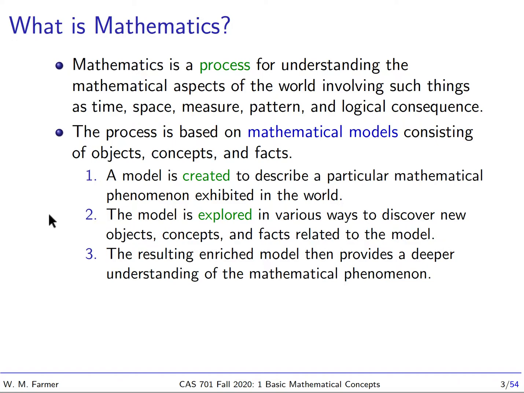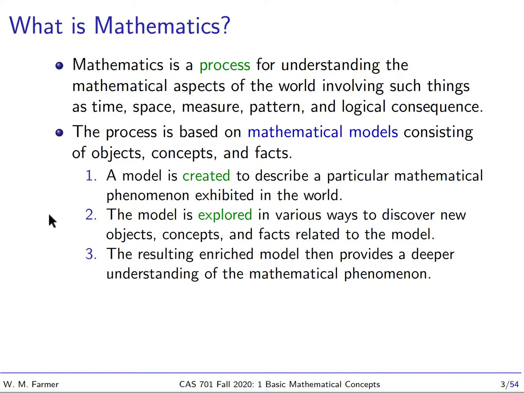So mathematics is a process, and this process is based on mathematical models. And a mathematical model consists of objects, concepts about the objects, and facts about the objects and concepts. So the process works as follows. A model is created to describe a particular mathematical phenomenon that we see in the world.